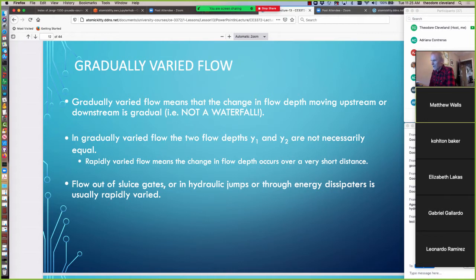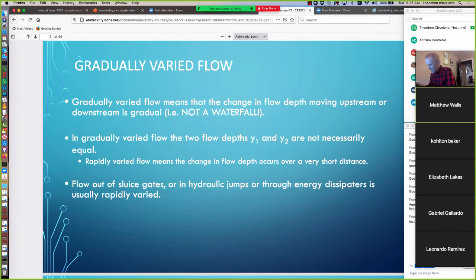Another example are hydraulic jumps, which you would have had in your fluid mechanics laboratory, or flow through energy dissipators. Those are all examples of rapidly varied flow, which is outside the scope of this lesson and pretty much the class entirely. We'll talk a little bit about it, but you would have had that in fluid mechanics class.